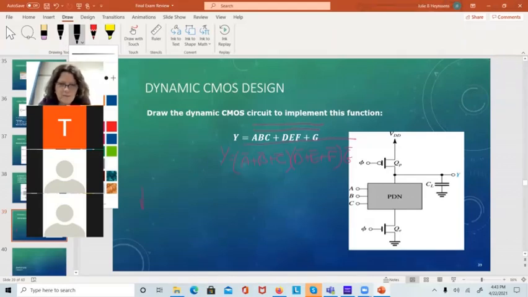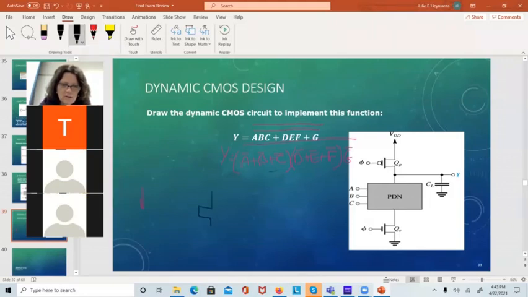So the pull down network is going to be A bar, B bar, C bar. You get another level of that, D bar, E bar, F bar, and that goes to ground, and I'm going to put G bar up here. And this is your pull down network.